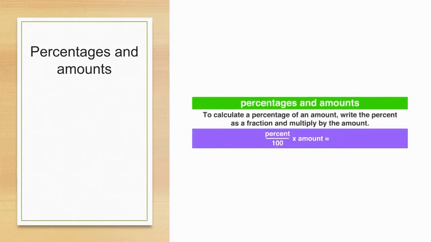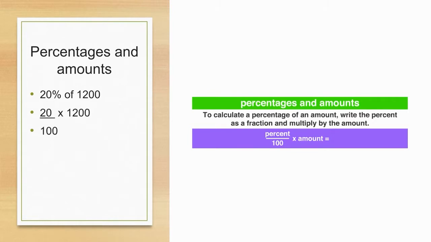So when we look at percentages of an amount, how do you find the percentage of a particular amount? It's very simple. To calculate the percentage of an amount, you write the percentage as a fraction, that means out of 100, and you multiply it by the amount. So for instance, we have 20% of 1,200.